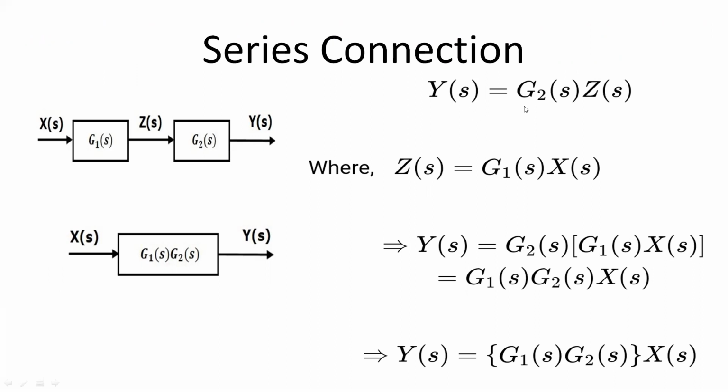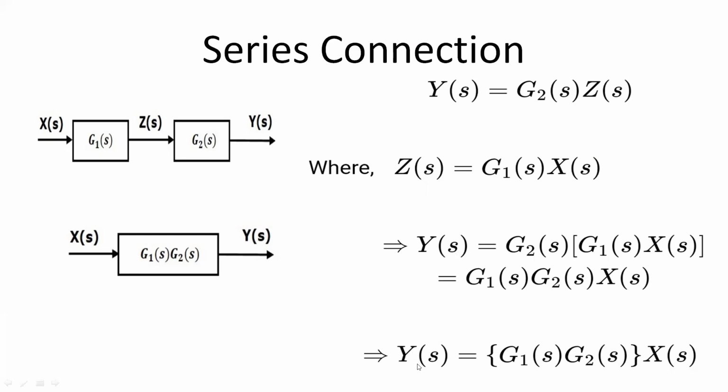So in the result, Y(s) is equal to G2(s) into G1(s) into X(s). So for the combined block diagram, we can write the overall gain as G1(s) into G2(s). The result Y(s) is given as G2(s), if you take it common, G1(s) into X(s), which is G1(s) into G2(s) into X(s).